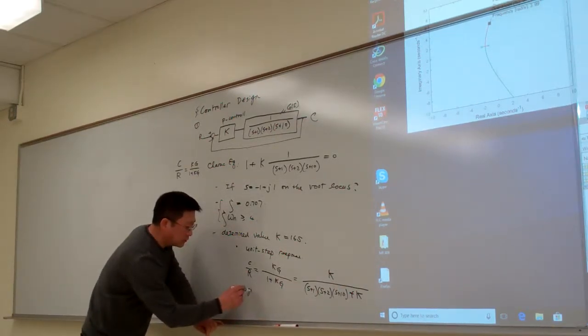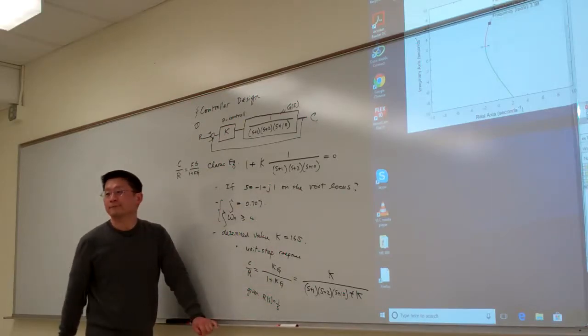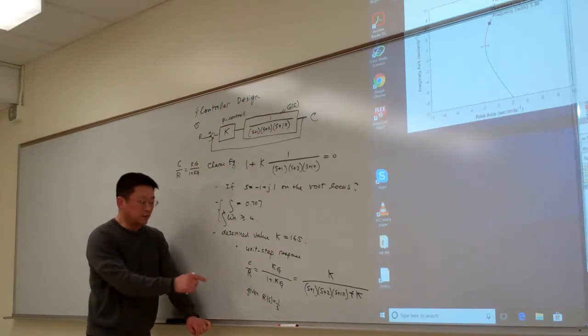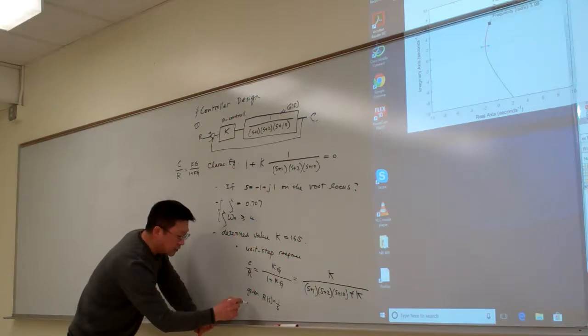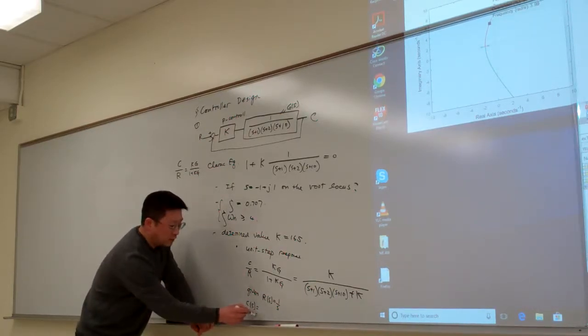Now we are given a unit step input, so that means R equal to 1 over s, right? Given this, we can calculate C(s), then take the inverse Laplace transform to get c(t).